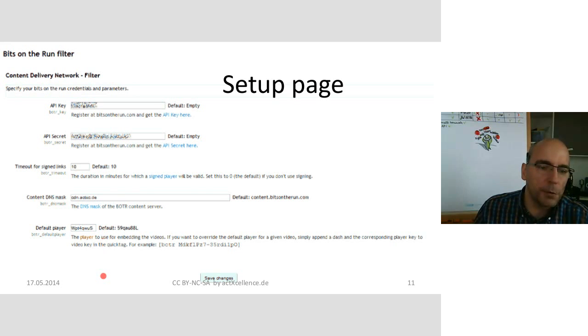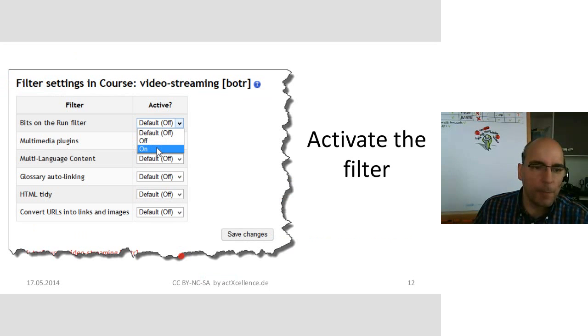So if you do not add a player name, this player will be used during the video playing. Of course, don't forget to activate the filter in your classroom or on the page. You have the full service from filter in Moodle.